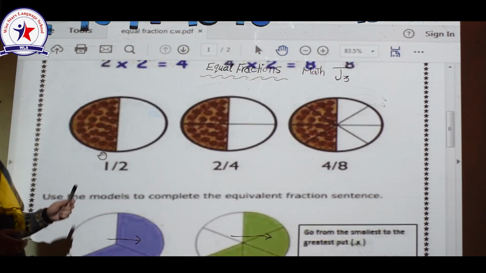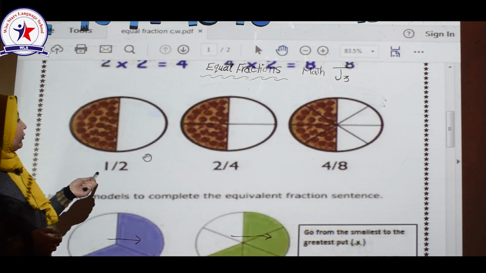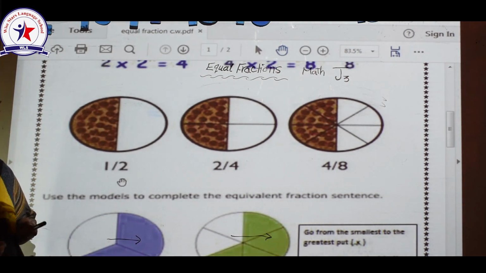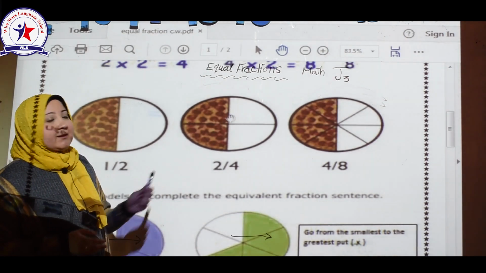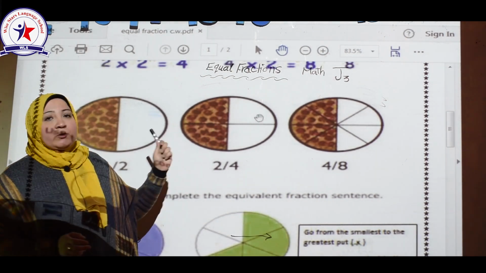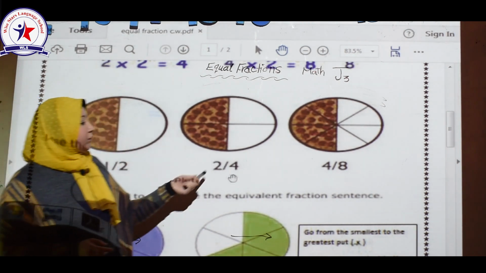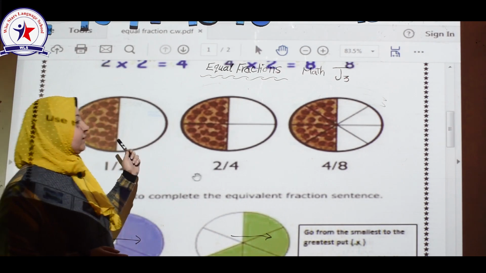Okay. Another example, if you have 3 pizzas, the first one divided in 2 parts. You want to eat one of 2. If you want to eat the same slice of the second and divide it in 4 parts, you will eat 2 of 4 parts. So it's equal, the same slice.